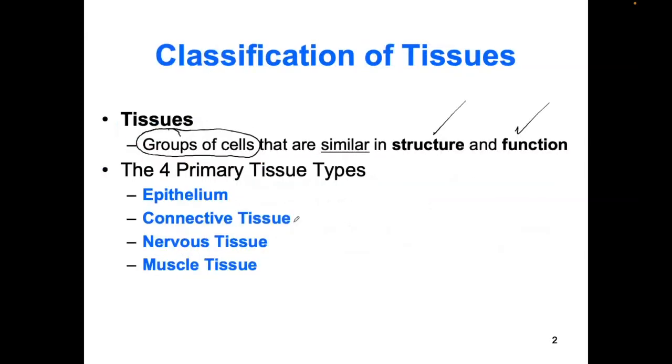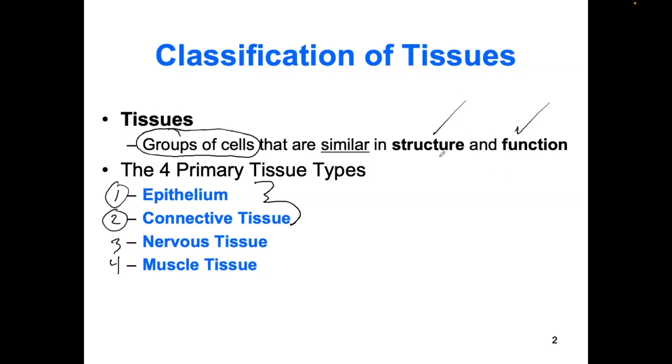Now, when we talk about tissues, let's focus on the first two for a second, epithelium and connective tissue, because number three and number four are the easiest to go over and learn. One and two have a lot of subcategories.